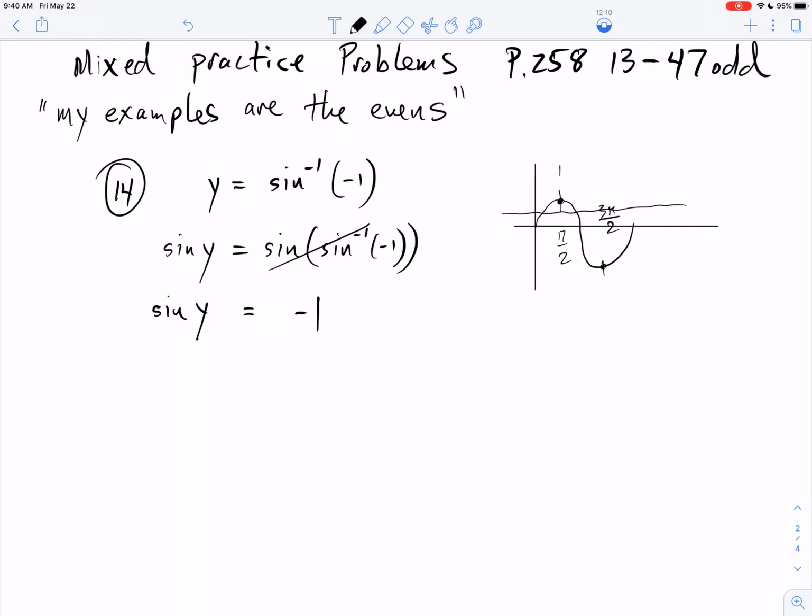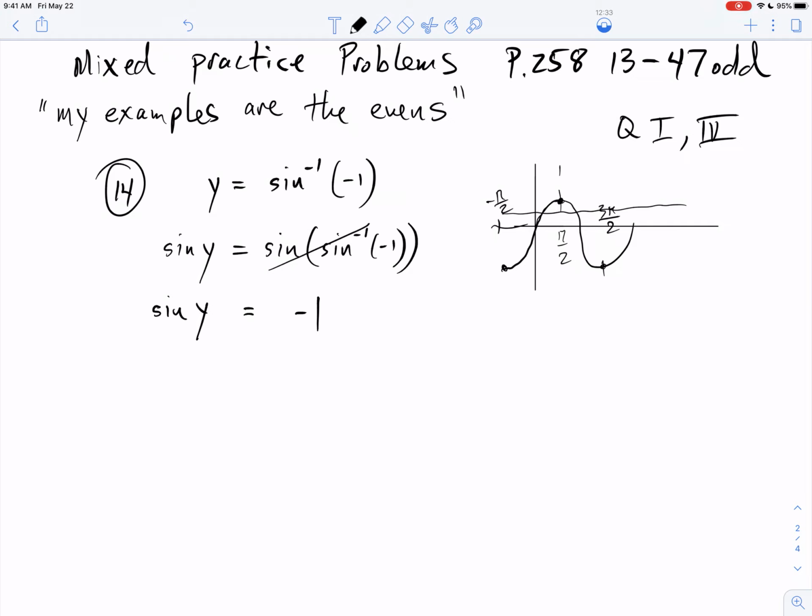If you want to find an answer for a sine graph, you're supposed to look between negative pi halves and regular pi halves. That's where you're supposed to look for a sine answer. So, where do we look for sine answers? In either quadrant 1 or quadrant 4. That's what the chart is trying to tell me.